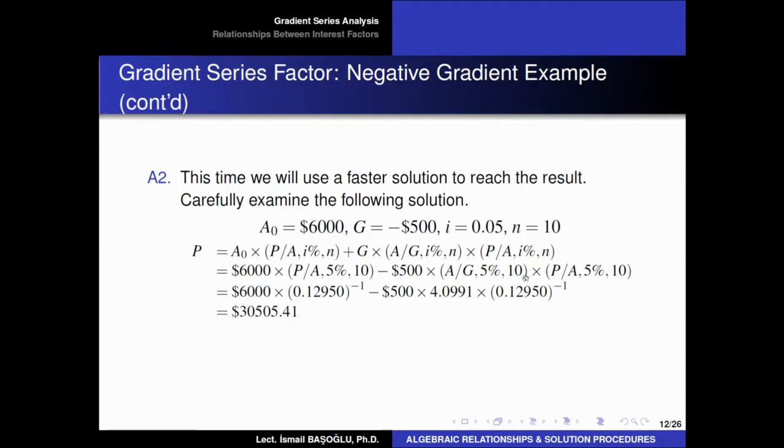So basically here we directly compute the present value of the uniform series obtained by the base amount, and here we are calculating the present value of the uniform series which is obtained by the gradient amount in the first place. Then it is converted to the present value, right?